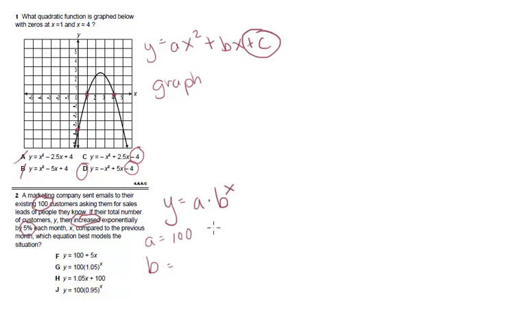Our growth factor, therefore, is going to be 1 plus the rate of growth, which is that 5%, as a decimal is 0.05 or 5/100. So that would be G. So if we put this together, we have our starting value times our growth factor, and then x is our number of months.